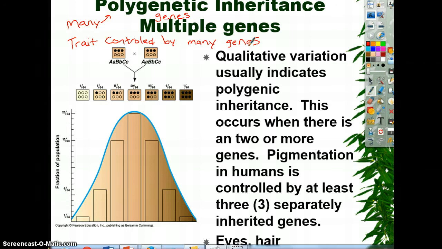Another way of showing you this, let's say there's mom's genes, or dad's genes, or let's call them chromosomes. So on the left we have mom's chromosomes, on the right we have dad's chromosomes. We have more than one gene involved. Let's say there's a gene sitting here, one there, and one there.